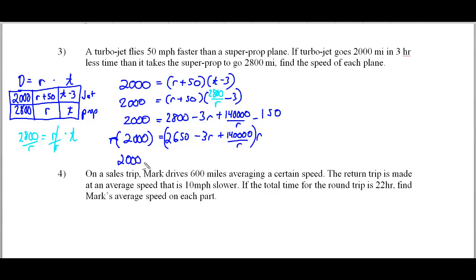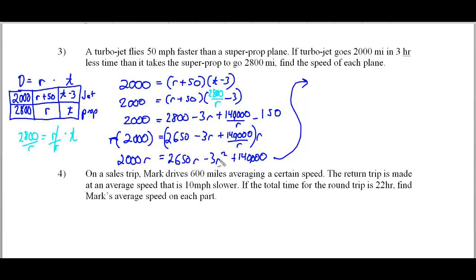So I have 2,000R is equal to 2,650R minus 3R squared plus 140,000. And the reason I have that 140,000 instead of 140,000 divided by R is that R divided by R is 1.